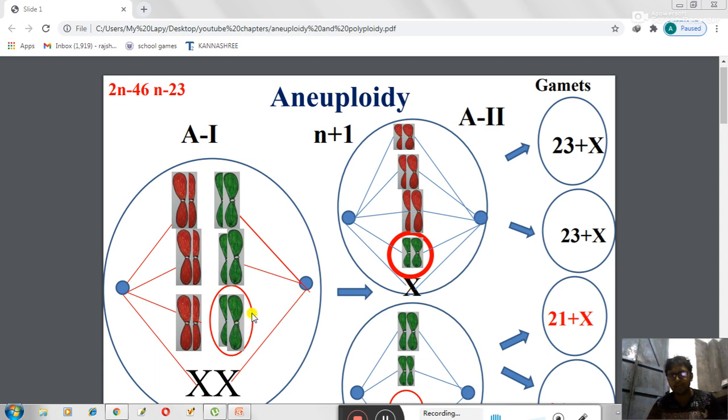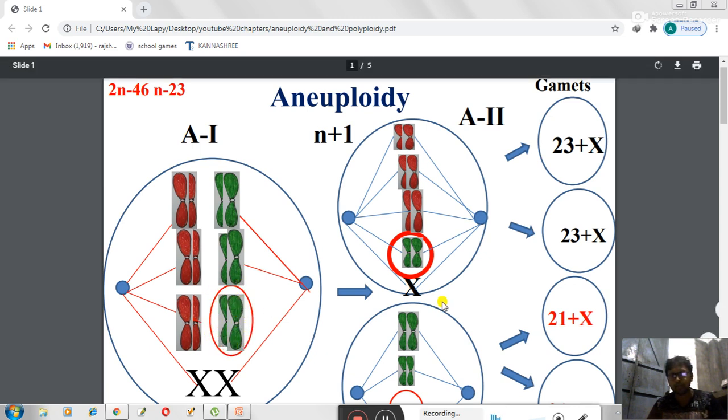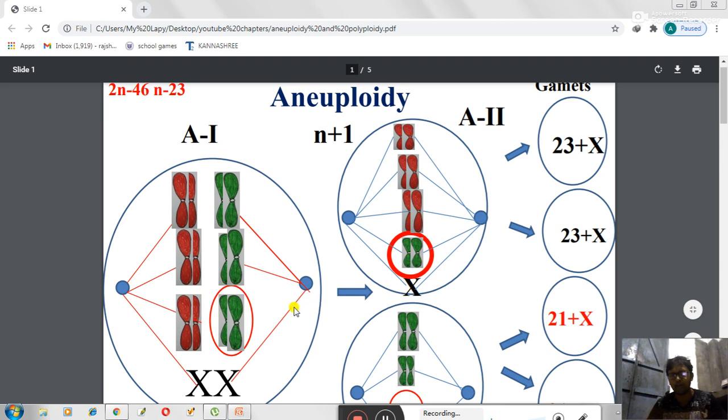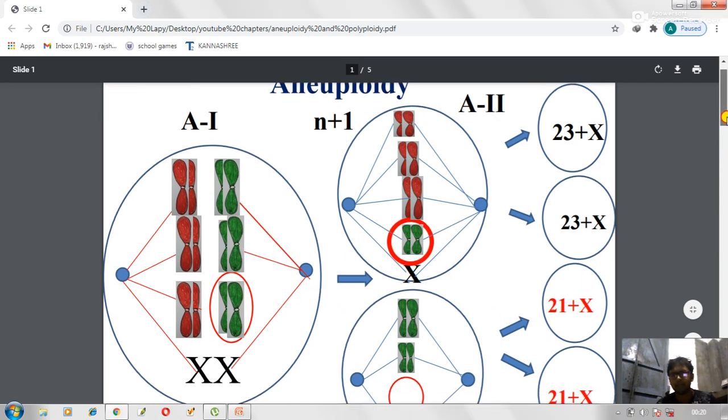This is the main cause of chromosomal non-disjunction: the spindle fiber is not properly attached with the centromeric region of a chromosome. As a result, this chromosome lags behind.